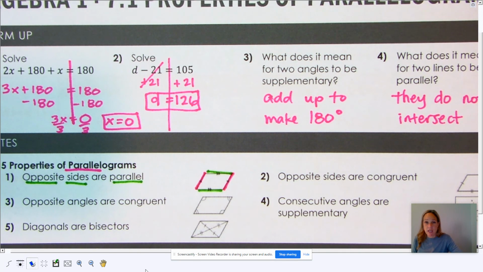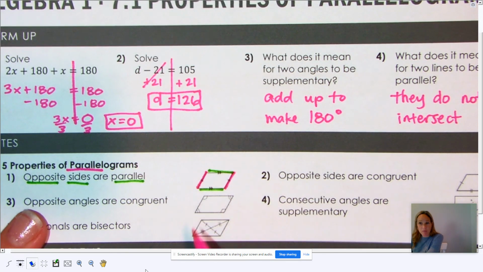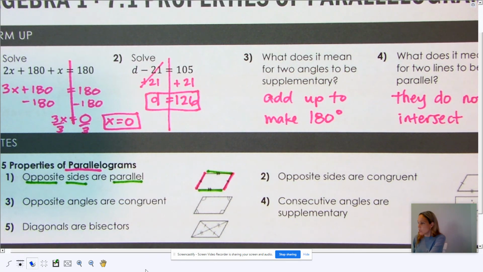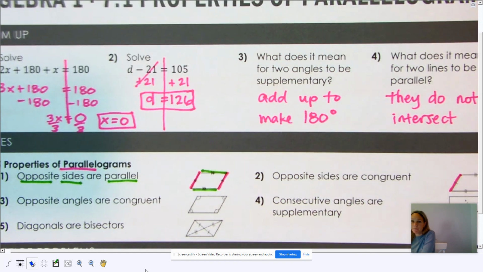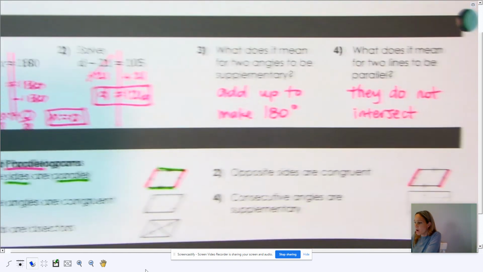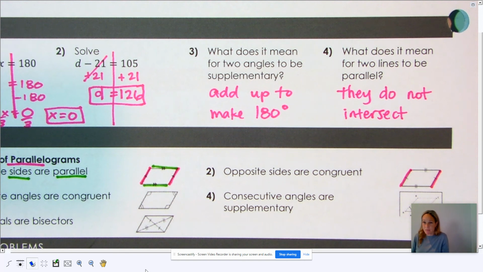The next thing we're going to say is that opposite sides, not only are they parallel, but they're also congruent to each other. Congruent is just a fancy word for being equal. We say that two numbers are equal, but we can say that two shapes are congruent to each other. So what that means is that not only is this side parallel to that side, but those two sides are the same size and shape.